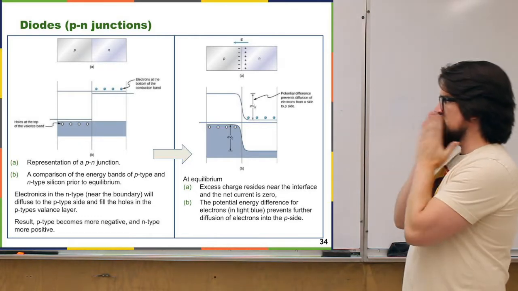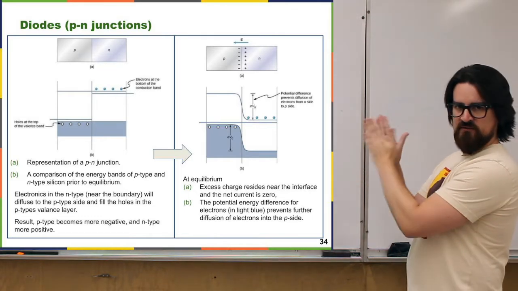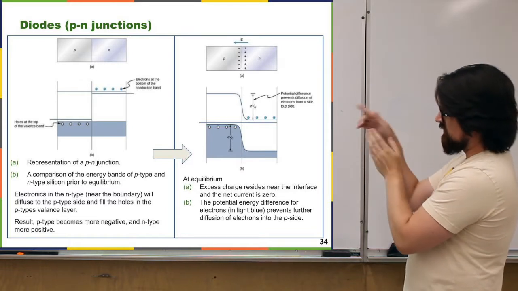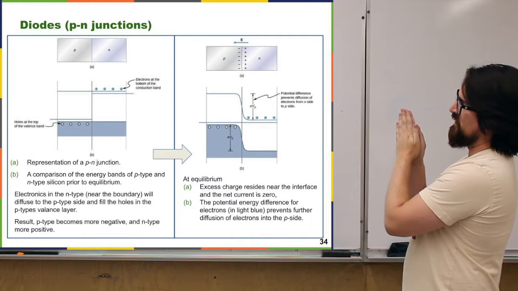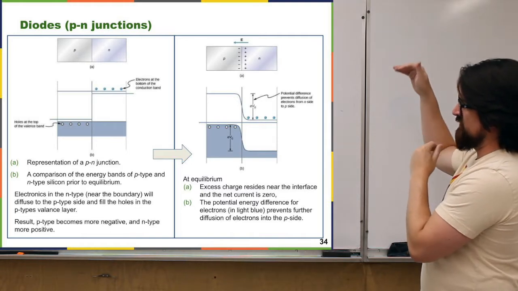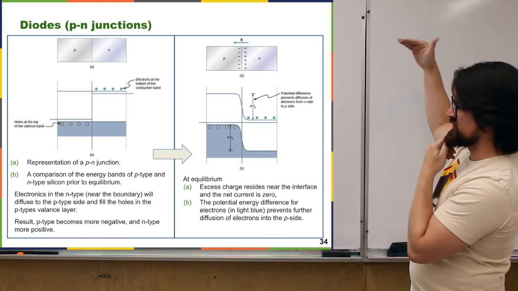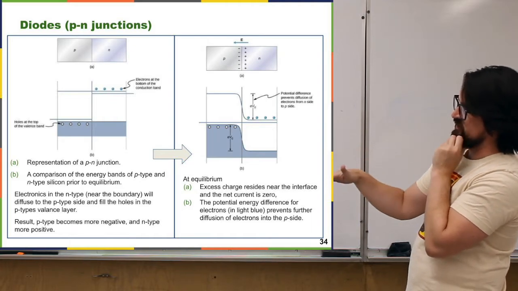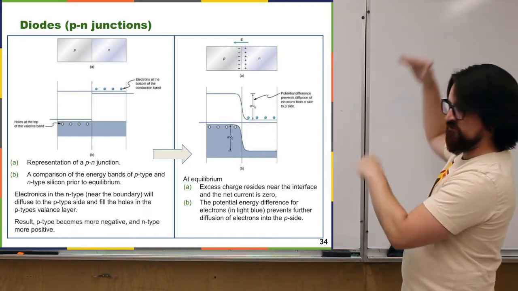Okay, so what happens when you put these two different doped semiconductors together? Well, on the left, right away initially, you have the N-type, which has the electrons up in the conduction band, and in the P-type you have these holes in the valence band, and they're fairly far apart.